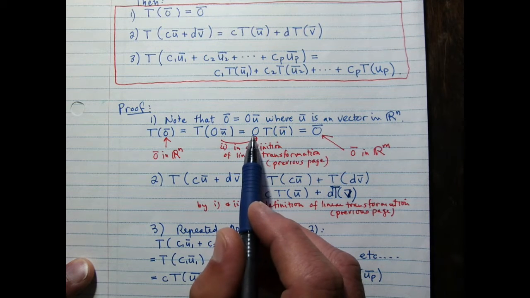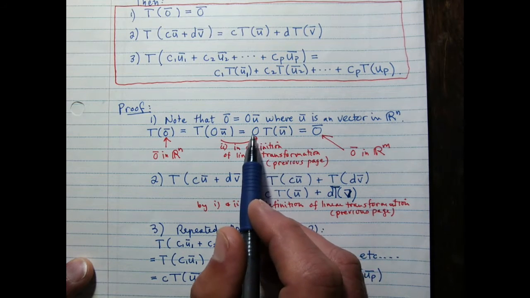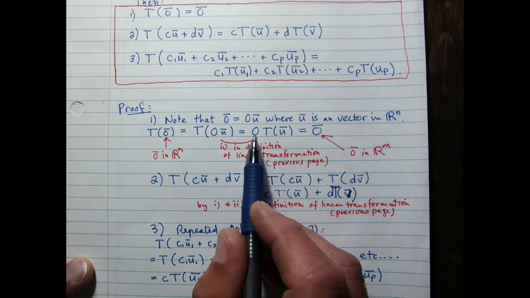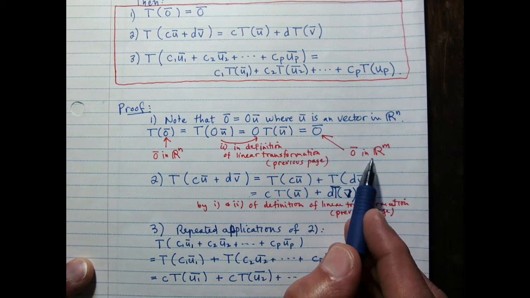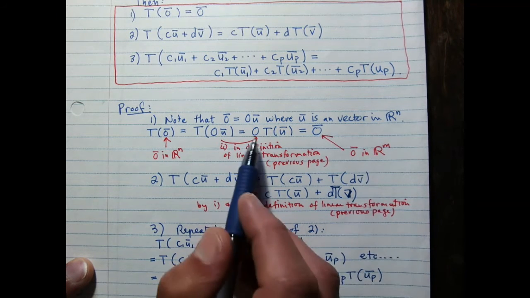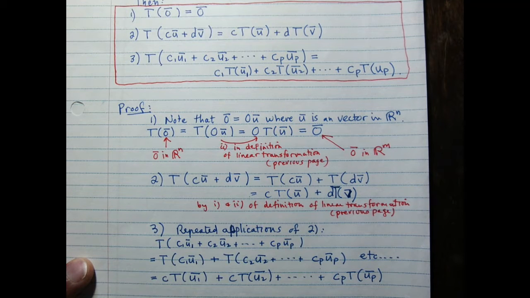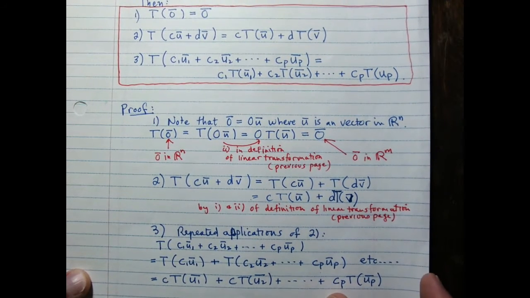But now we're taking a 0 scalar times the image vector. And again, it doesn't matter what that image vector T of u is, because 0 times anything is 0. But now this is the 0 vector in the image space in Rm. So because we can factor out a scalar and we can use a scalar as 0 here, it makes number 1 work. So that's kind of interesting, kind of amazing to have that property.